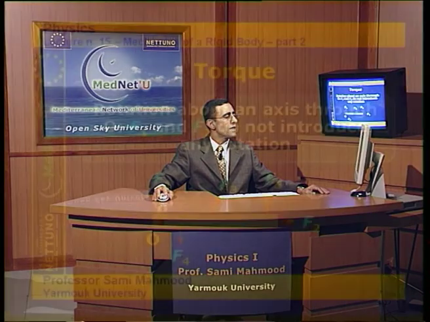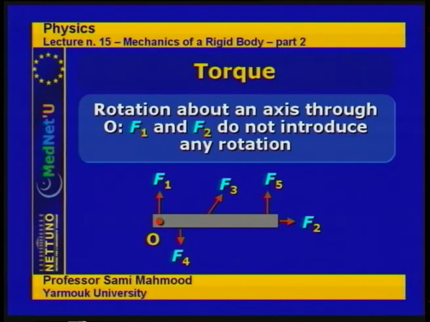So in general, we have a translational motion and a rotational motion, and the rotational motion arises due to the influence of a dynamical quantity which we call the torque, and this torque resembles the force in the context of translational motion.